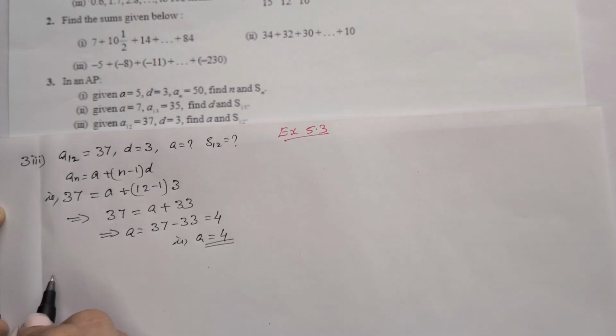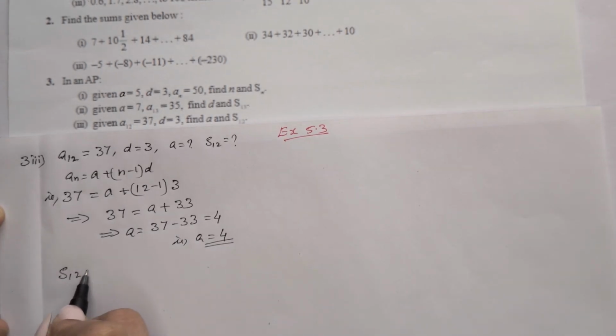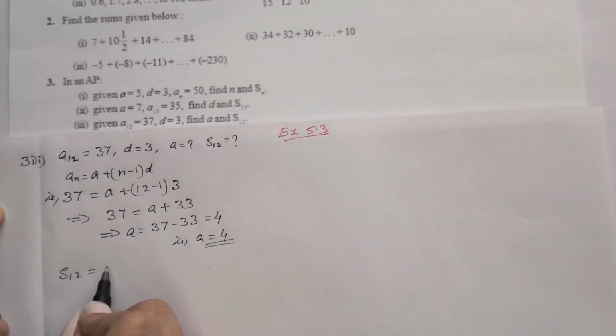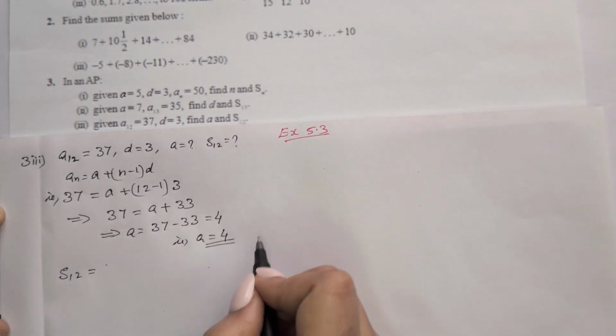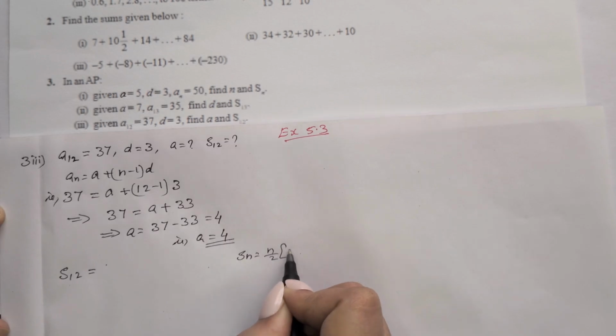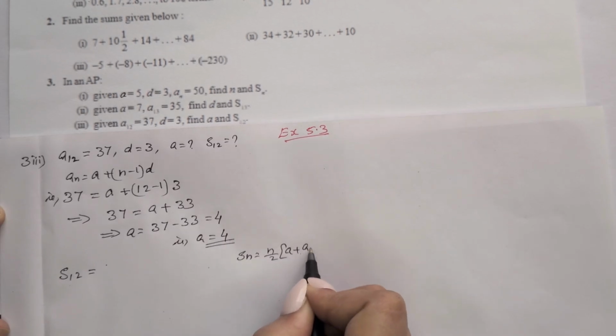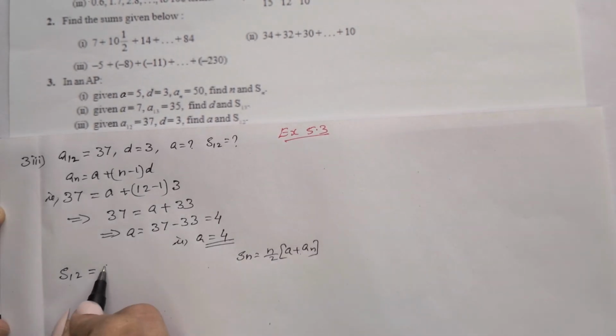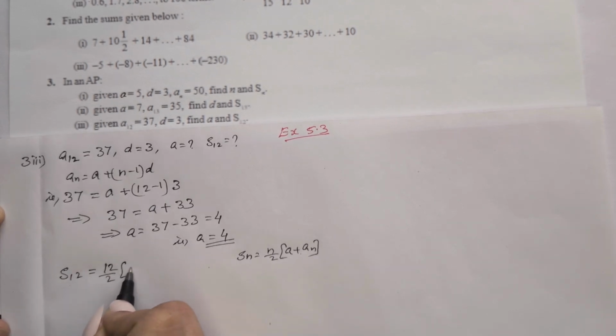Then S12. Write the formula here. Sn is equal to n by 2 into first term plus last term. So here S12, that means n by 2. N is here 12. 12 by 2 into first term.